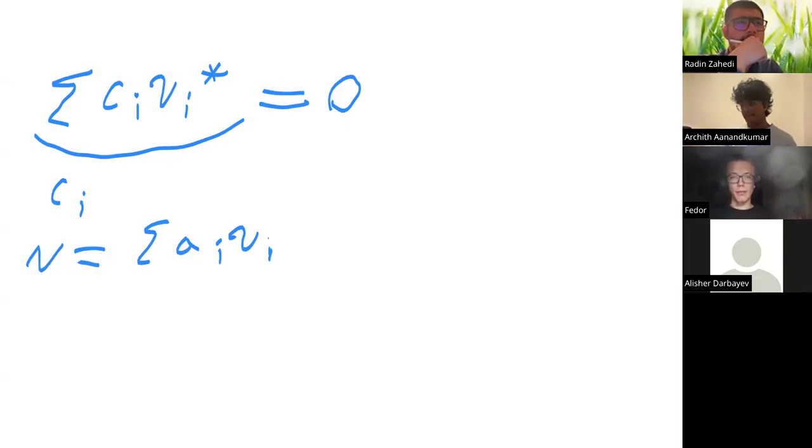No, sorry, I didn't quite understand. So we know that every vector can be expressed as a linear combination of the basis of V, right? And vi star is a functional, right? And it is linear. It is a linear map, right? Yes, it's a linear map.